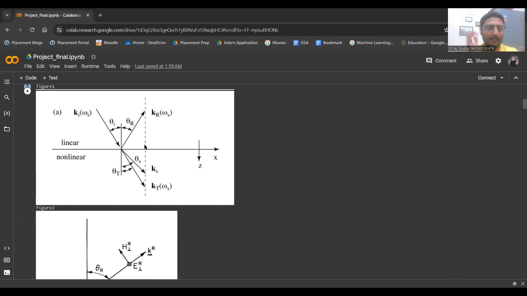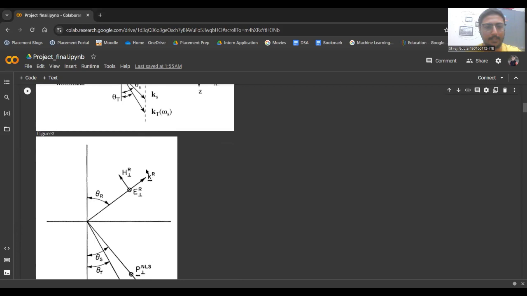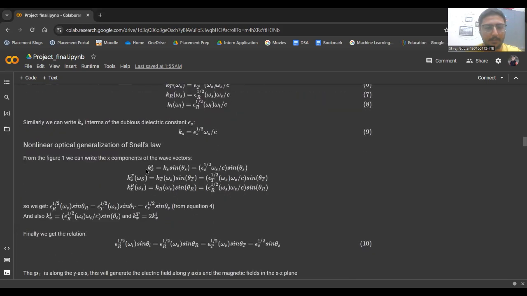Only at the surface is the second wave generated, but it is very small. And beyond that thickness, the 2 omega wave does not exist. So due to that, we are taking the approximation of delta kz is less than 1.